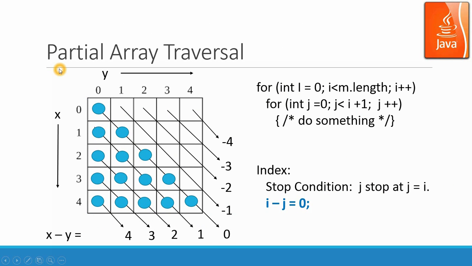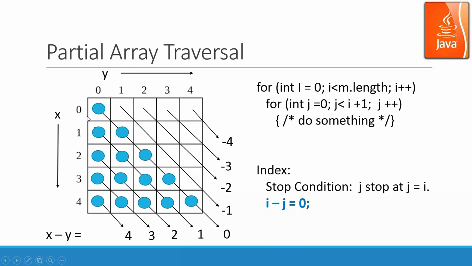And if we do not traverse over the whole M table, we just traverse over part of it. Say the row we start from 0 to 4, but the column we start from 0 to less than i plus 1. So it will end at j equals i. So when j equals i happens, we actually start at i minus j equals 0.